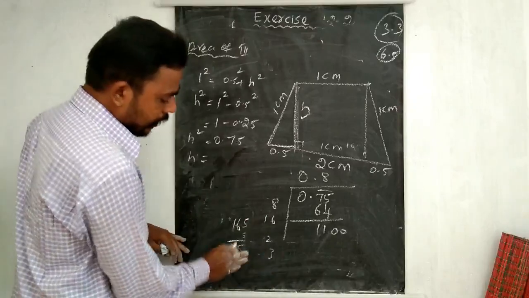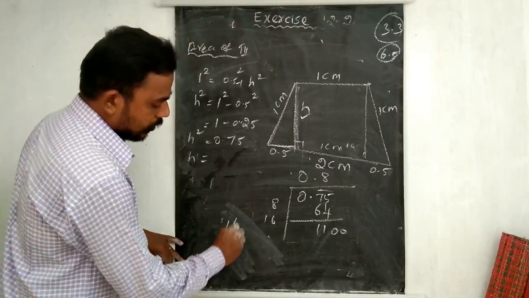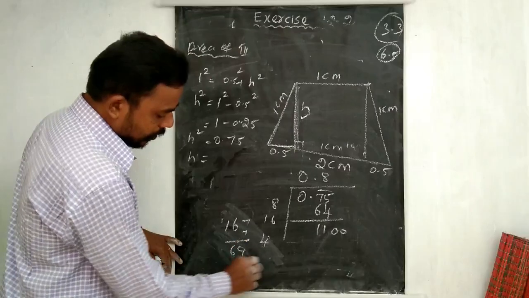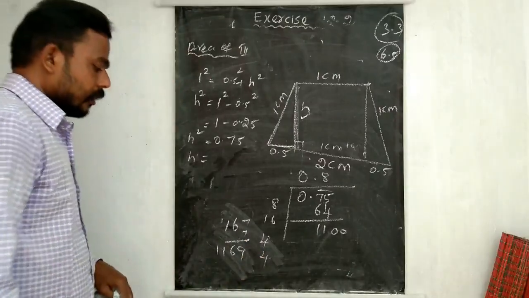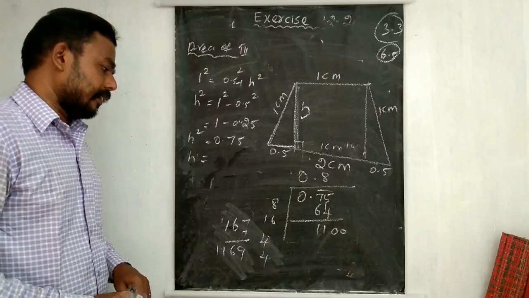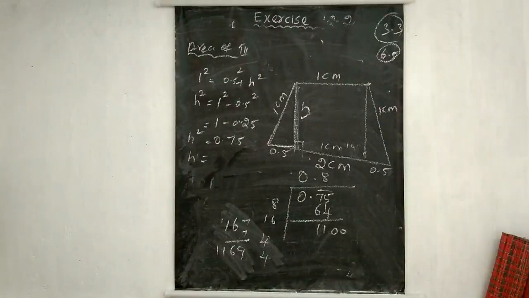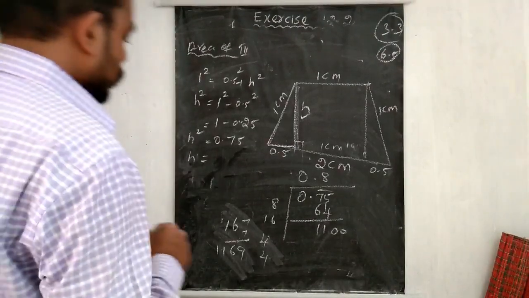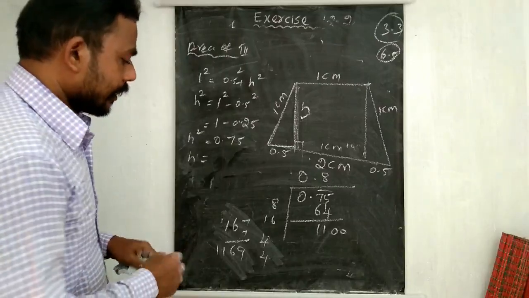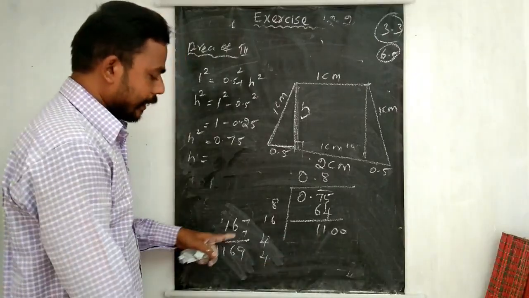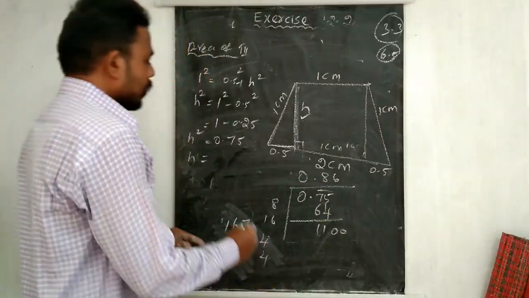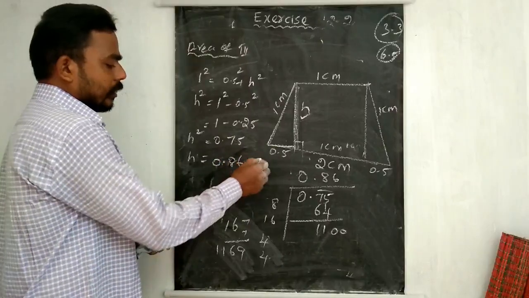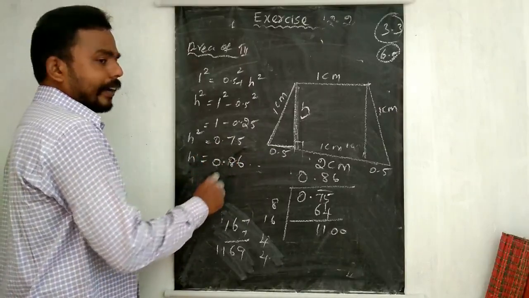Still we can introduce a number, 16, 7, suppose 7 7s are 49. 1169 is also possible, but here 1169 is bigger, so reduce and introduce 6. So 0.86 and so on.